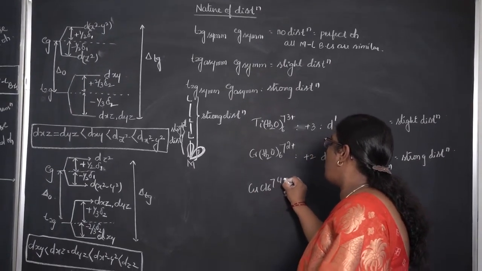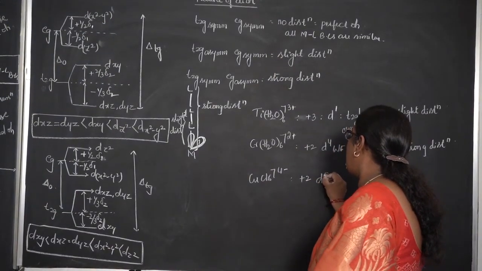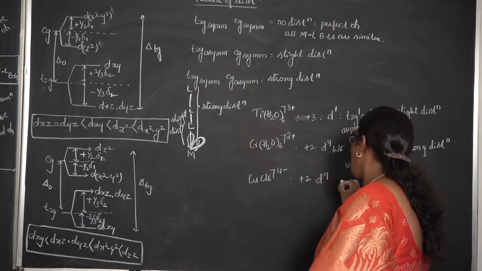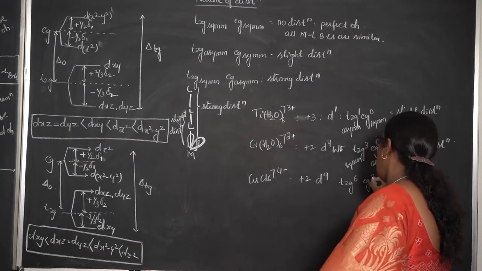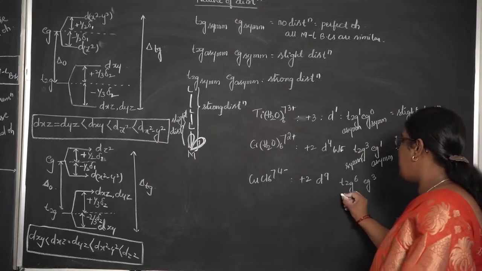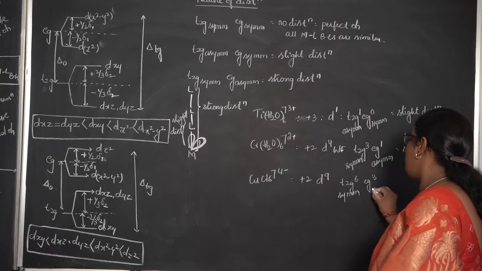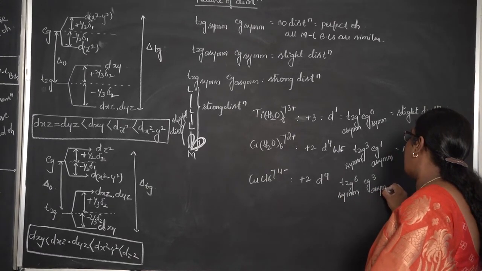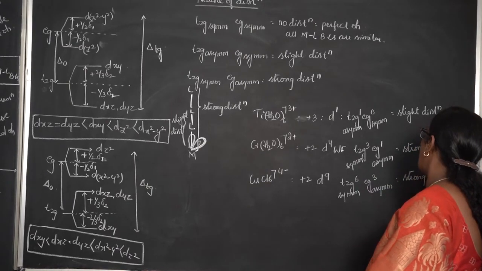And if you take the other example, that is CuCl6 4-, it is +2, d9 system. So we write the configuration T2G6 EG3. T2G6 is completely filled, so it is symmetric. EG is less than full filled, so it is asymmetric. So we observe strong distortion.